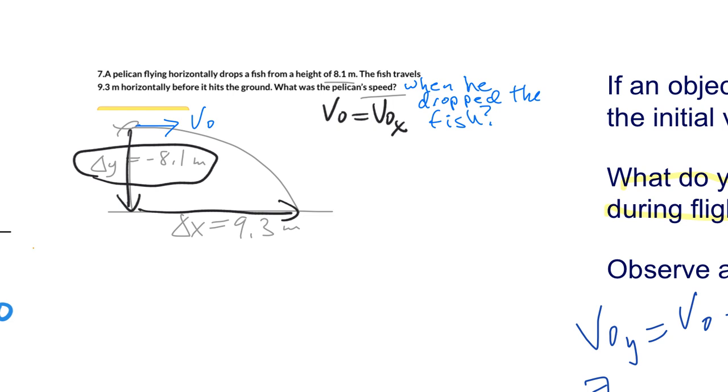This looks like it's going to be pretty easy. First of all, I have to find the time. Which do I have more of? So y equals VOYT plus AT squared over 2.